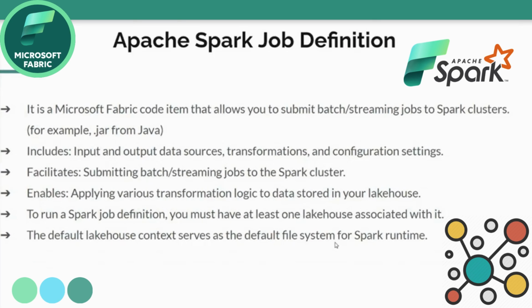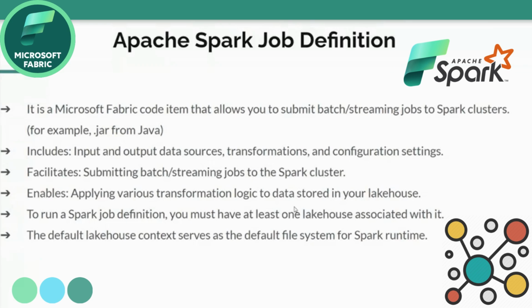Apache Spark job definitions are nothing but a set of instructions that you define for how to execute a job on a Spark cluster. It contains input and output data sources, some transformations, and configuration settings for the Spark application.